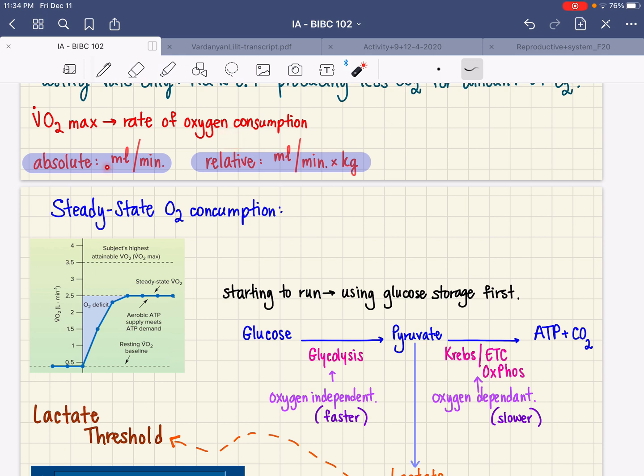Absolute VO2 max is calculated by the milliliters of oxygen consumed over however many minutes that you are being measured consuming these oxygens. Okay? Relative VO2 max is the same equation as absolute VO2 max. However, we also divide the milliliters by kilograms of the individual.